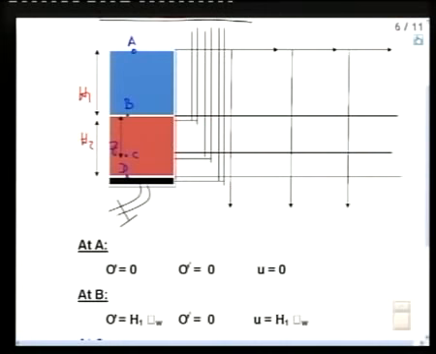Now, let us say that we put a piezometer at point B. This is the piezometer at point B. How high will the water rise? The water will rise to the same level, right? Point B can hold water up to H1, then it will be up to H1.